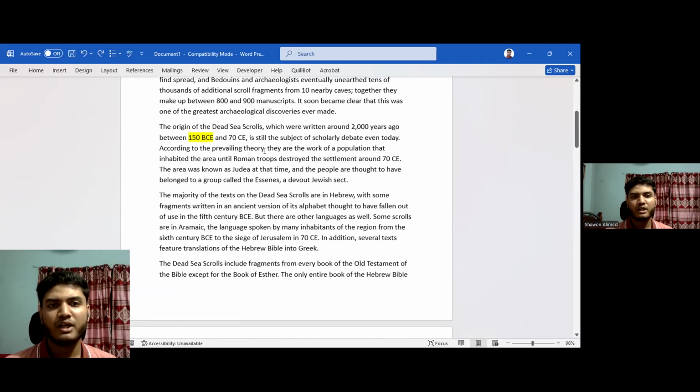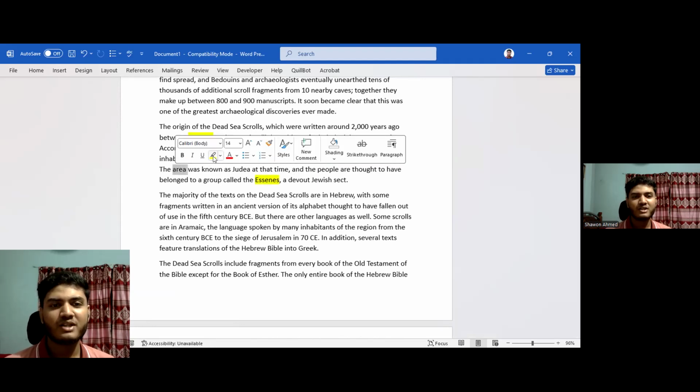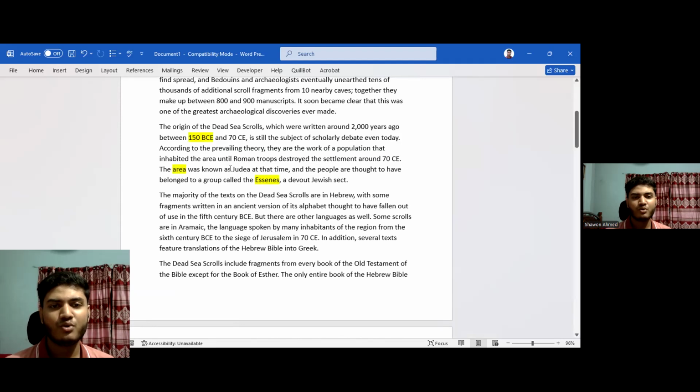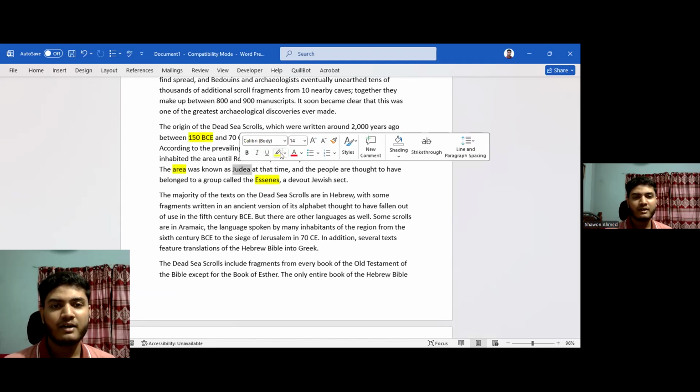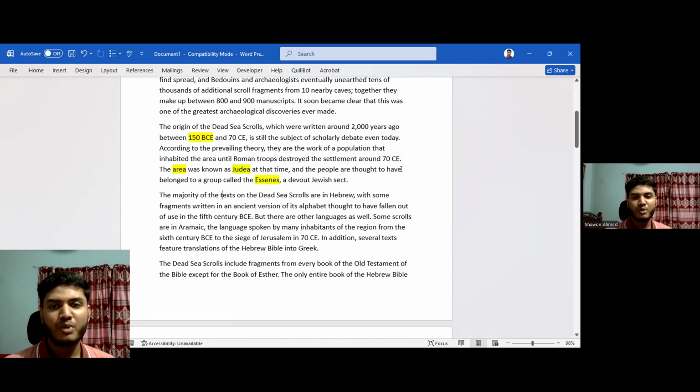According to the prevailing theory, they are the work of a population that inhabited the area until Roman troops destroyed the settlement around 70 BC. The area was known as the Judea at that time, and the people are thought to have belonged to a group called the Essenes. Yes, okay, we got a trap here. The area is known as something called Judea, and people means the group of people.